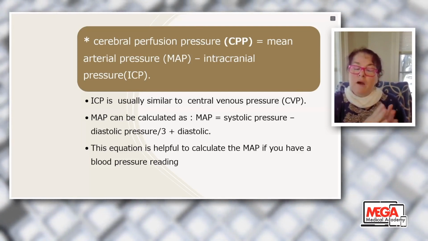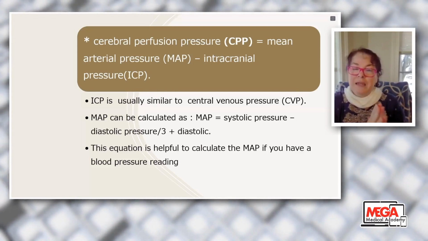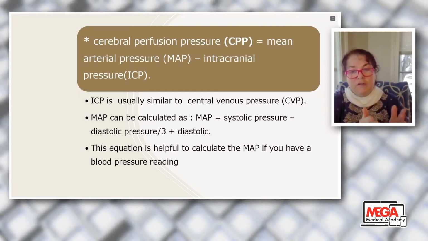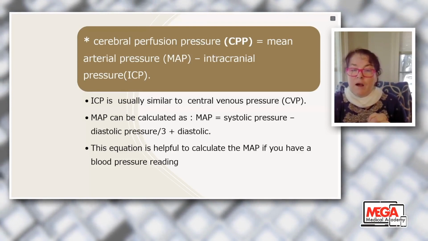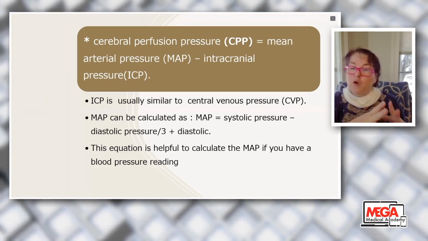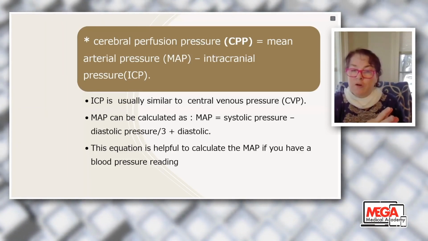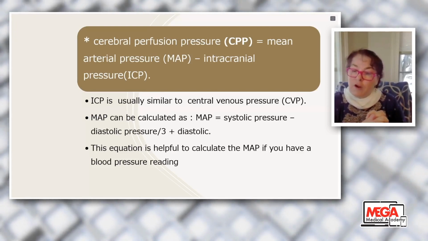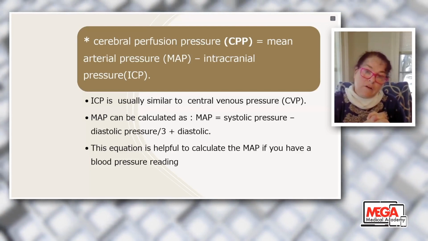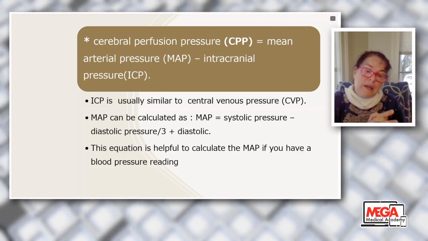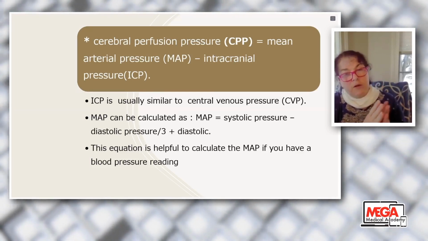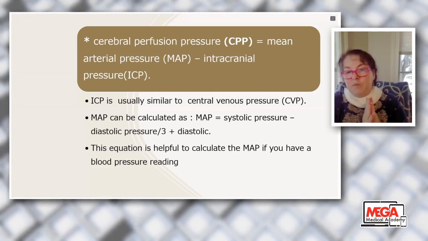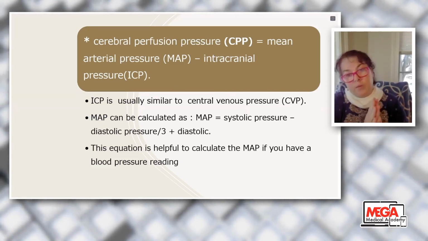You can calculate this as the mean arterial pressure minus the intracranial pressure, or you can also use the CVP. The mean arterial pressure can also be calculated by hand if you don't know what it is: take your systolic pressure, subtract your diastolic pressure, divide that number by 3, and add on your diastolic pressure. That would give you a mean pressure. This is an important concept to know, what your cerebral perfusion pressure is.